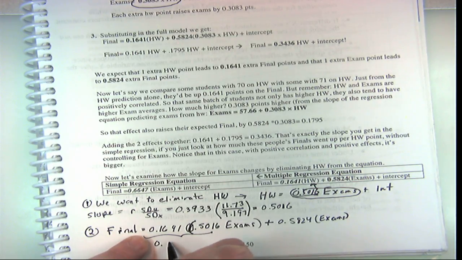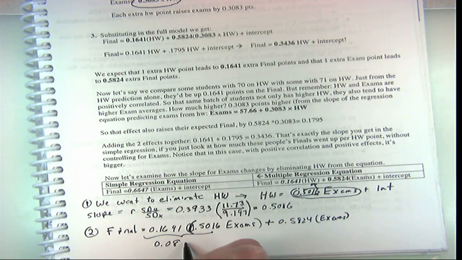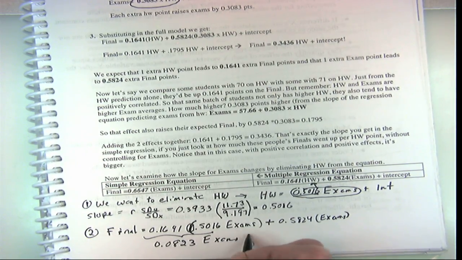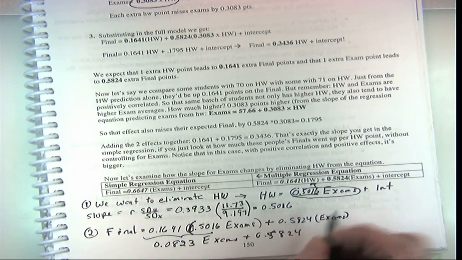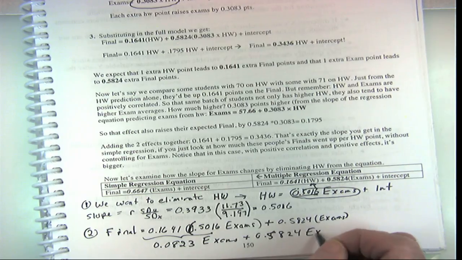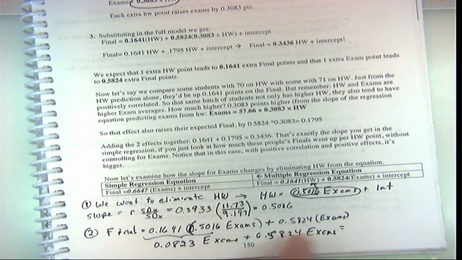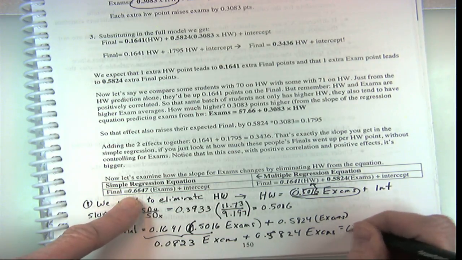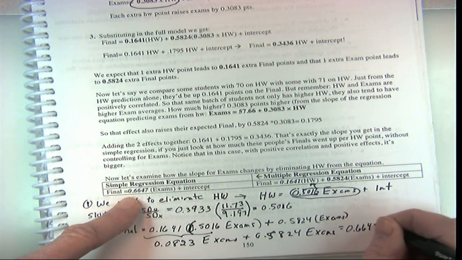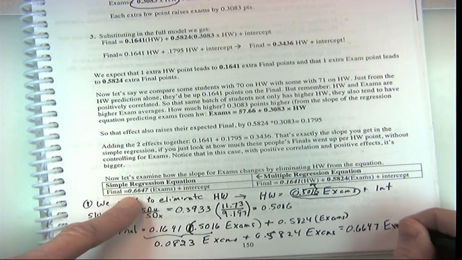Half of that would be 0.08, right? 0.823 times exams plus 0.5824 times exams. And when I add those two together, I should get 0.6647 times the exams plus an intercept.